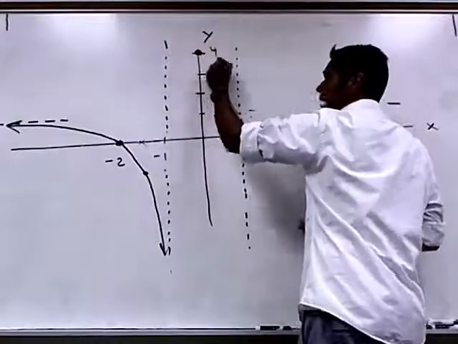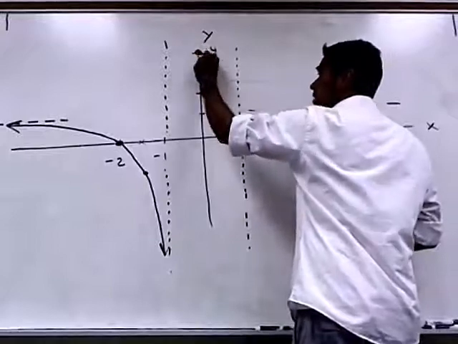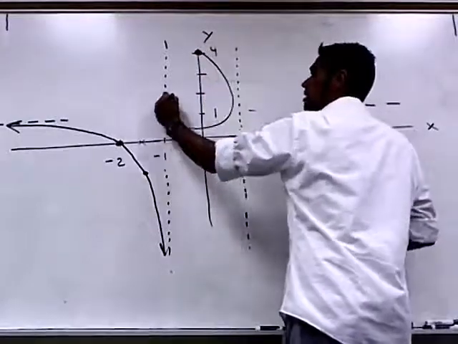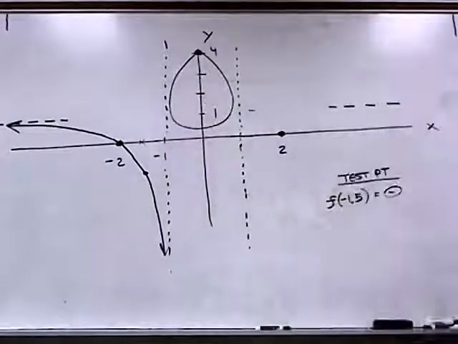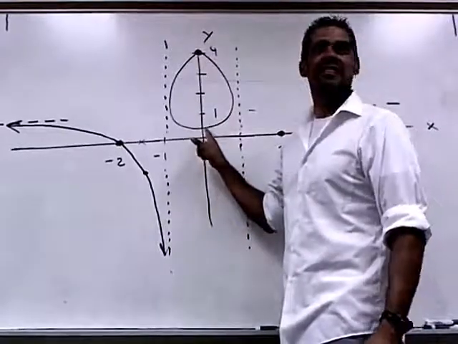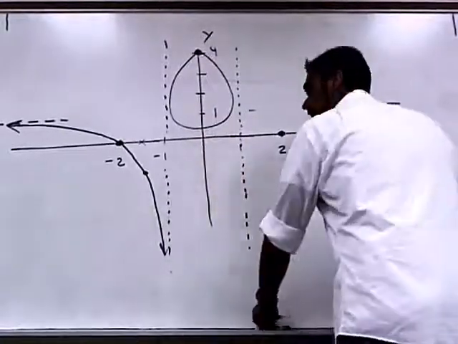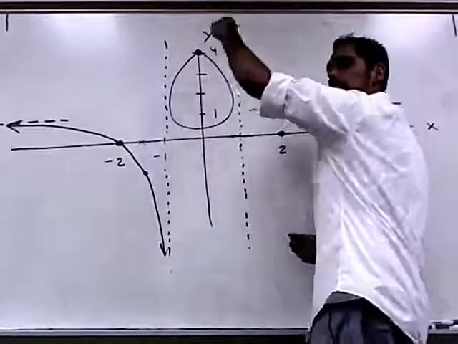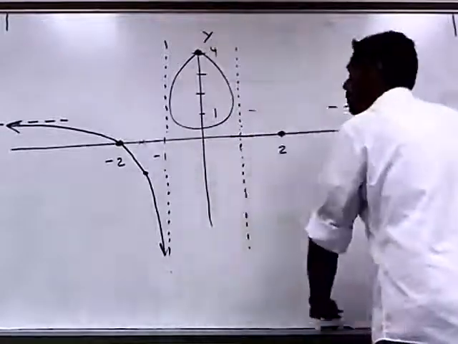Because again, if I go down, it'll cross the x-axis. Could it do this and not cross the x-axis at all? Why not? It wouldn't be a function. I made a y-intercept that didn't exist. But more importantly, it fails the vertical line test. So that isn't even a function.